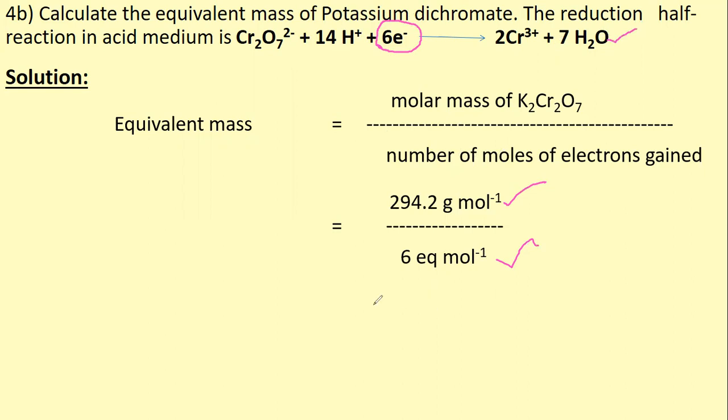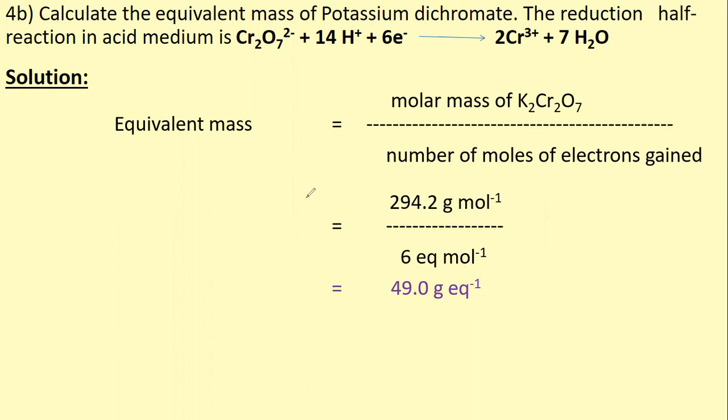Once we simplify, we get the answer 49 gram per equivalent. Here the mole gets cancelled. So when the equivalent goes to the numerator, the +1 will become -1. So only here the -1 comes, right?